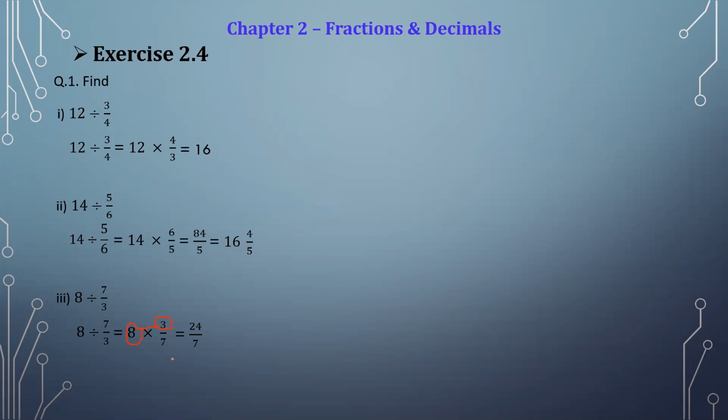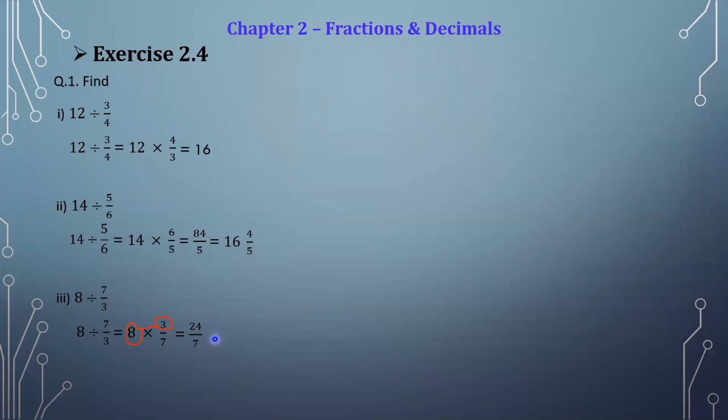Now here again this 24 upon 7 is actually an improper fraction, and you have to convert it into a mixed fraction by dividing the numerator using the denominator.